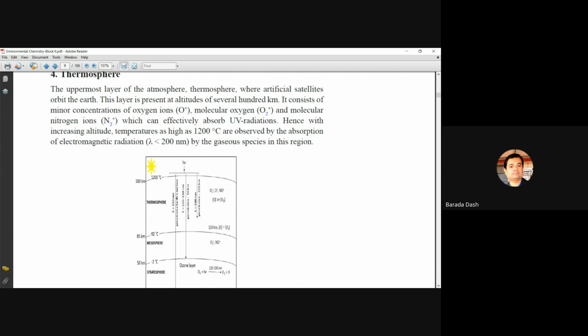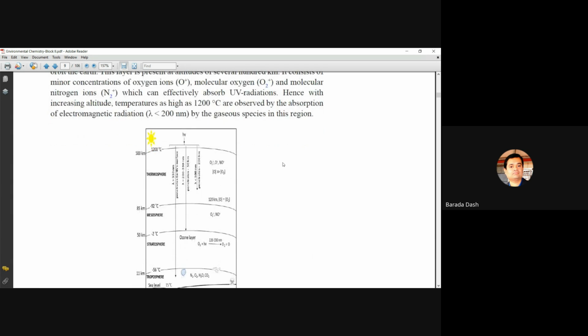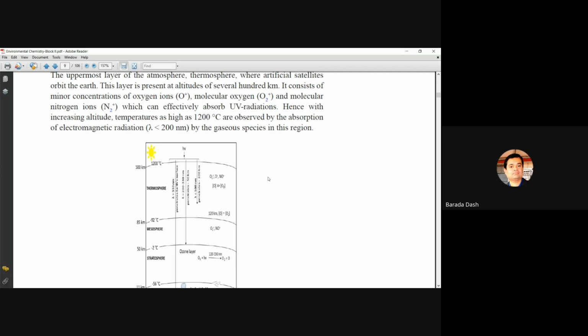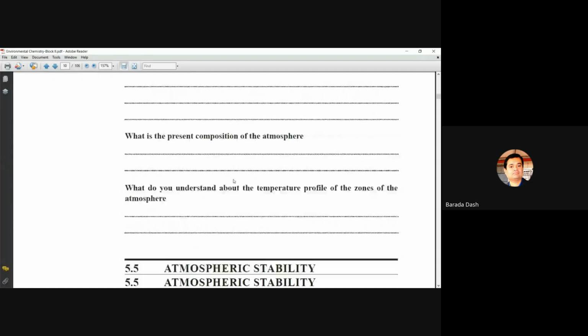Hence, with increasing altitude, temperatures as high as 1200 degrees centigrade are observed due to absorption of electromagnetic radiation by the gaseous species. Why does the temperature increase? Because these gaseous species, nitrogen ions and oxygen ions, absorb the electromagnetic or UV radiation coming from the sun, and that increases the temperature. So this is how we will study it.